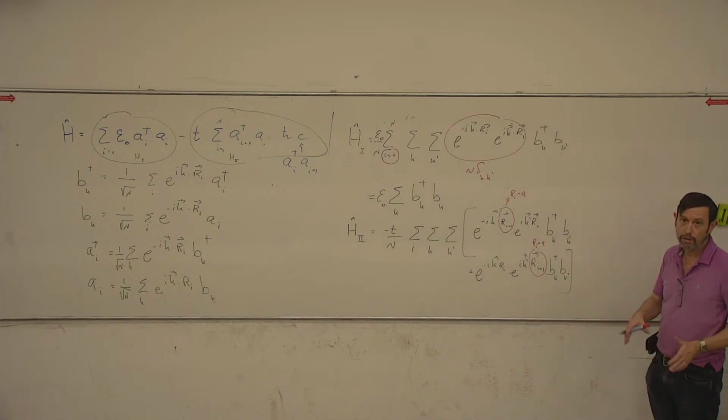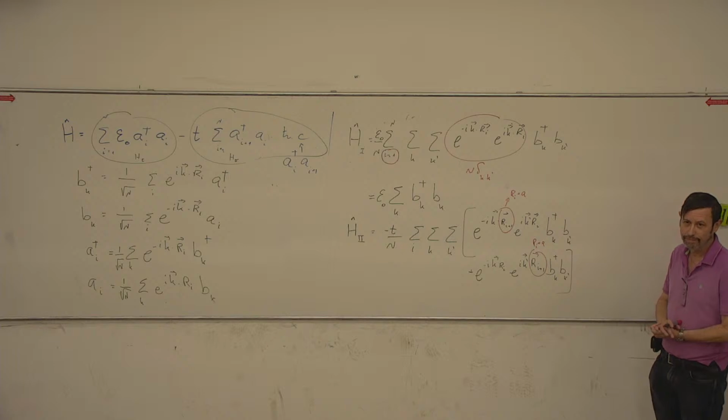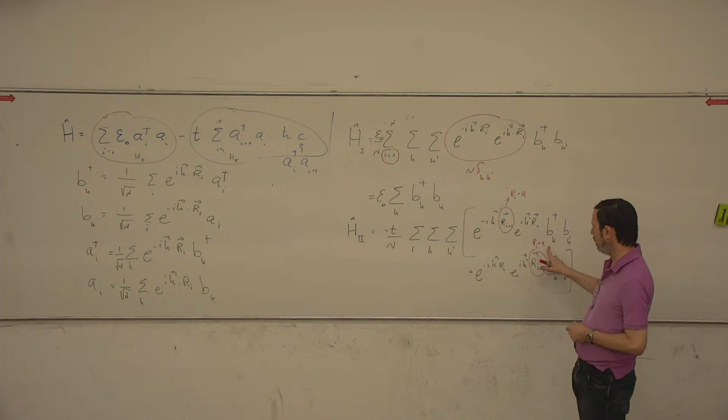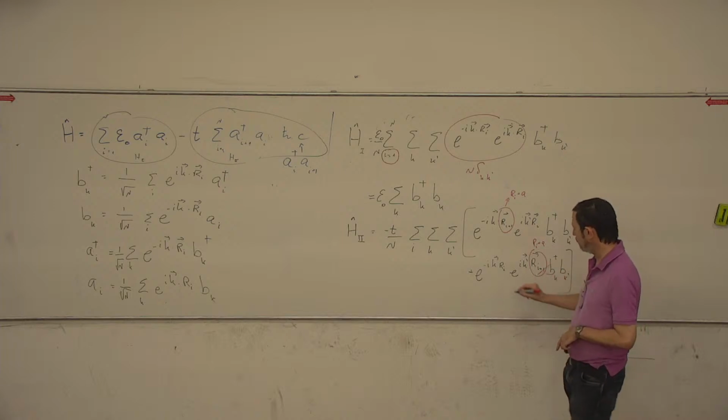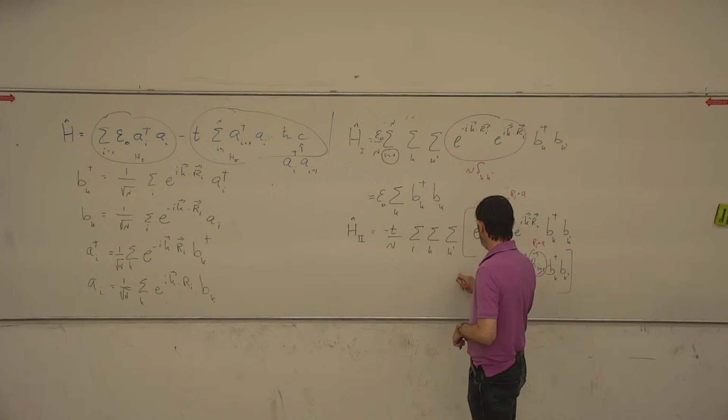By definition, R_{i+1} is R_i plus A. So I can pull out the exponent. Well, I have to be a bit careful. I can remove this guy and put here plus e to the iKA.